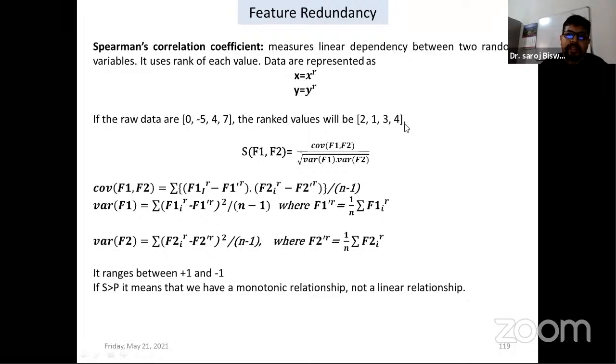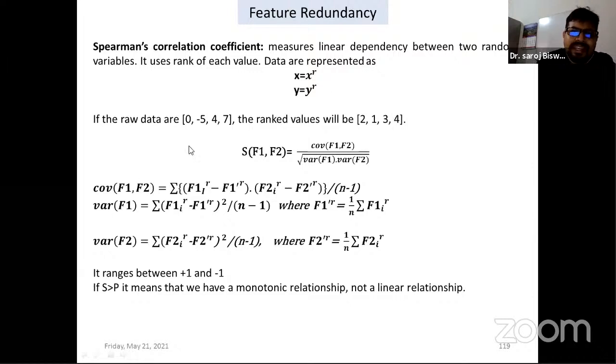The rank of 0 is 2. The rank of 4 is 3. The rank of 7 is 4. Like that, for each of the vectors, we are finding the ranks. These are the ranks. Clear?